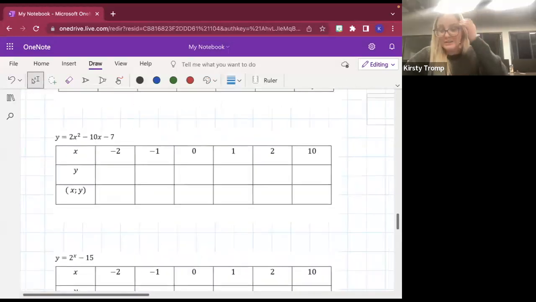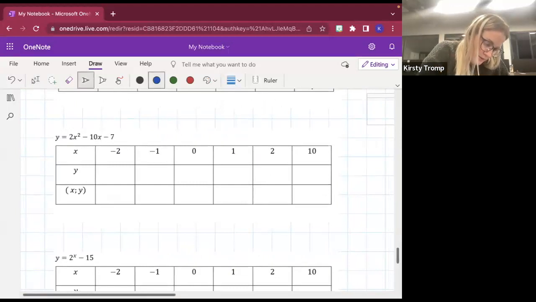Right, let us finish this table. In my table, my very first question was x is -2. When x is -2, what is y going to be? When x is -2, y is going to be 21.